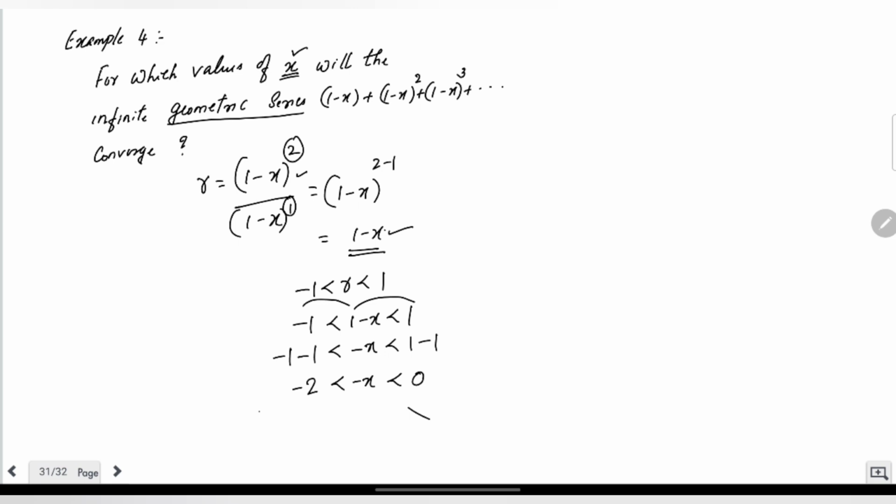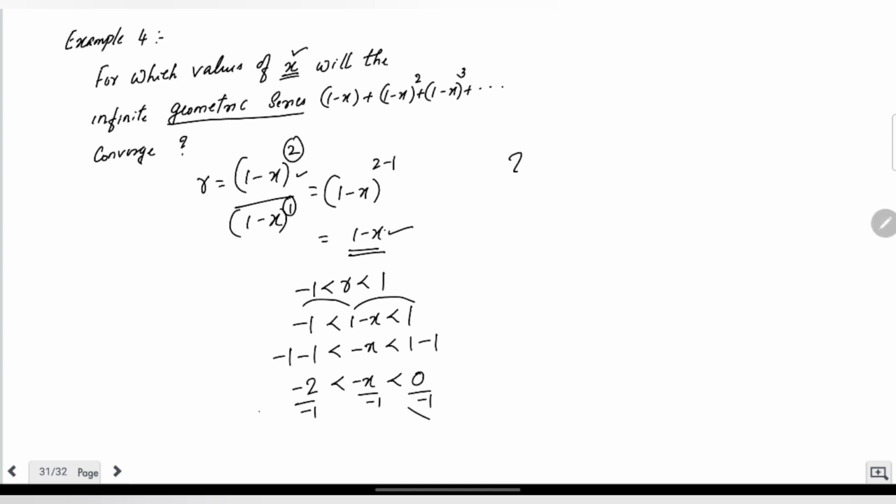We are looking for not minus x, it is x. So how do you get x from minus x? Divide all of them by minus 1. Minus 1, minus 1. You have to do it on both sides, okay? Because you are dividing by a negative number, as I told you, the inequality will change.